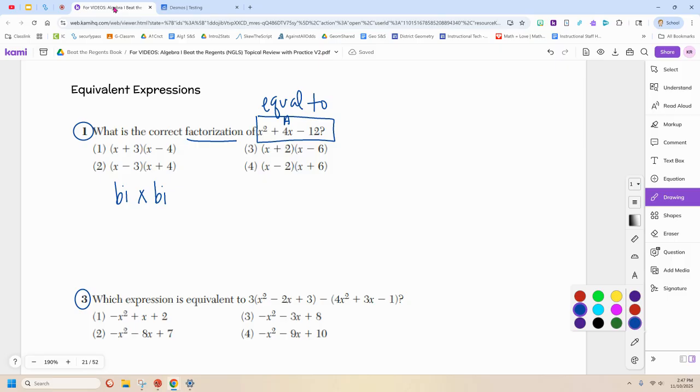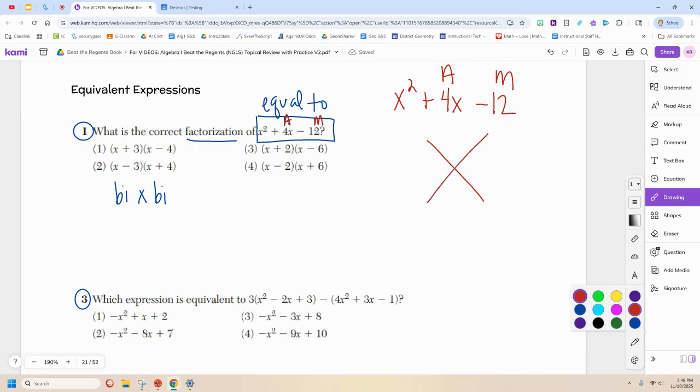Now, I got to admit, those 2 were not going to be ones that I was too concerned about, because I'm going to go back here to the way that you learned how to factor, and that was with AM factoring. So x squared plus 4x minus 12. You need 2 numbers that add to make positive 4, that multiply to make negative 12.